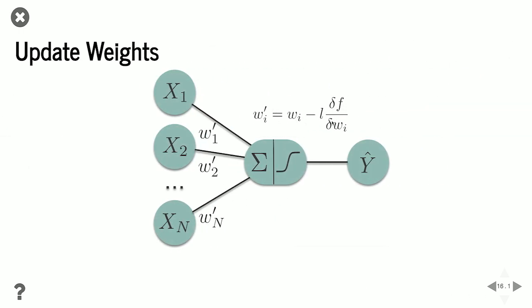So you subtract off a little bit of each one of the weights to make you more right on the next pass. For each one of the weights, the updated weight is the old weight minus that derivative, which gives you the contribution of that weight to your overall loss, multiplied by something called the learning rate. So how quickly do I want to move through the parameter space to the optimal weights?